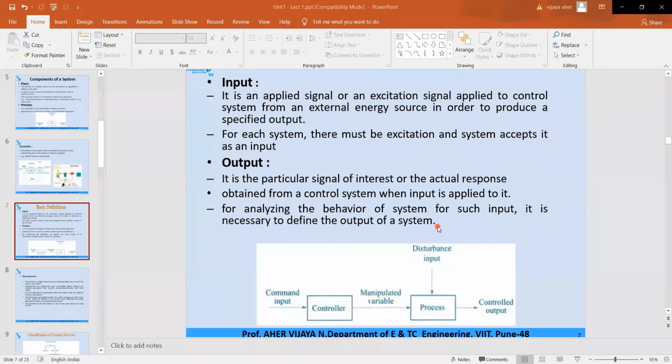So in order to analyze the behavior of system for applied input, it is necessary to define the output of the system. So कंट्रोल सिस्टीम मध्ये एक्झॅक्टली मुलांना कसं जायचं असतं फ्लो? आपण इलेक्ट्रॉनिक सर्किट मध्ये फ्रॉम इनपुट टू आउटपुट जात असतो, राईट? सो हिअर इन कंट्रोल सिस्टीम यू हॅव टू फोकस ऑन फर्स्ट ऑन प्रोसेस. You have to define first output variables. According to output variable, your manipulating variable can be defined.